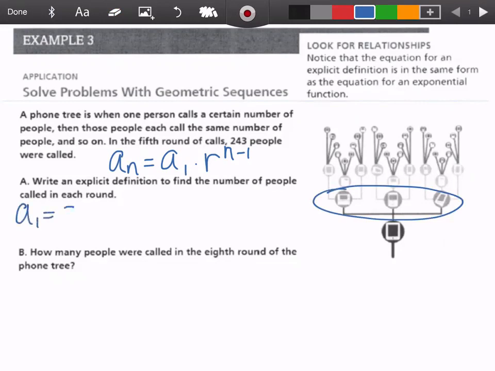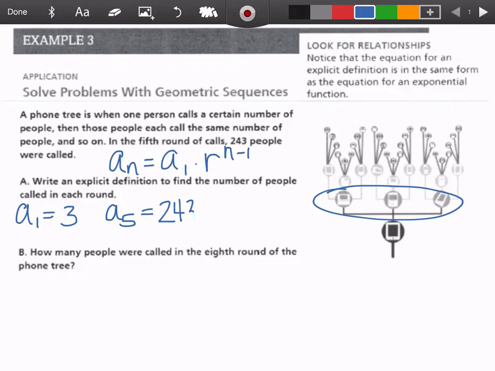So a sub 1 is equal to 3. And then they tell us that the fifth term is equal to 243 because the fifth round of phone calls gives us 243.